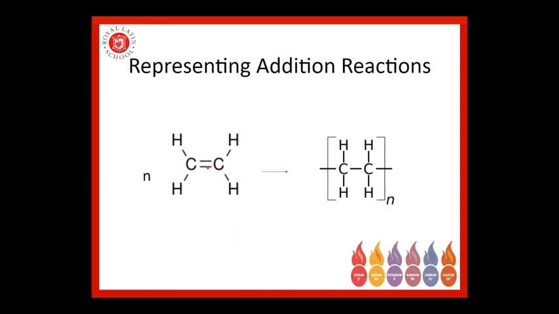And rather than writing that out, we say that there is n amounts of the monomers being put in, and those monomers are then repeated n number of times, bonded to each other. That n just represents a number. It could be a massive number, talking millions and millions and billions of monomers joined together in a long chain.